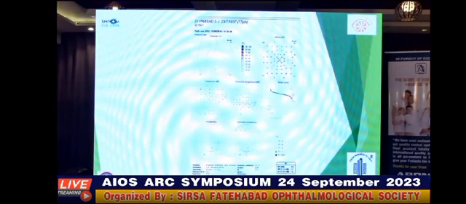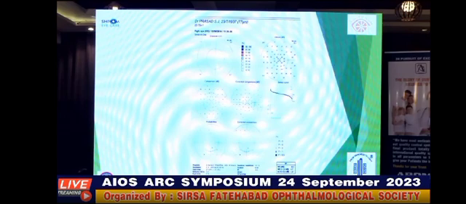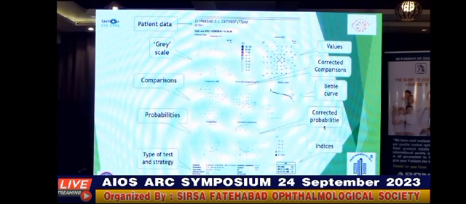Now going on to the Octopus, an Octopus printout is near identical to the Humphrey. The basic difference is in the terminology used and in something called the Bebie curve. Here we have the patient data and the type of test strategy, which constitutes the reproducibility.